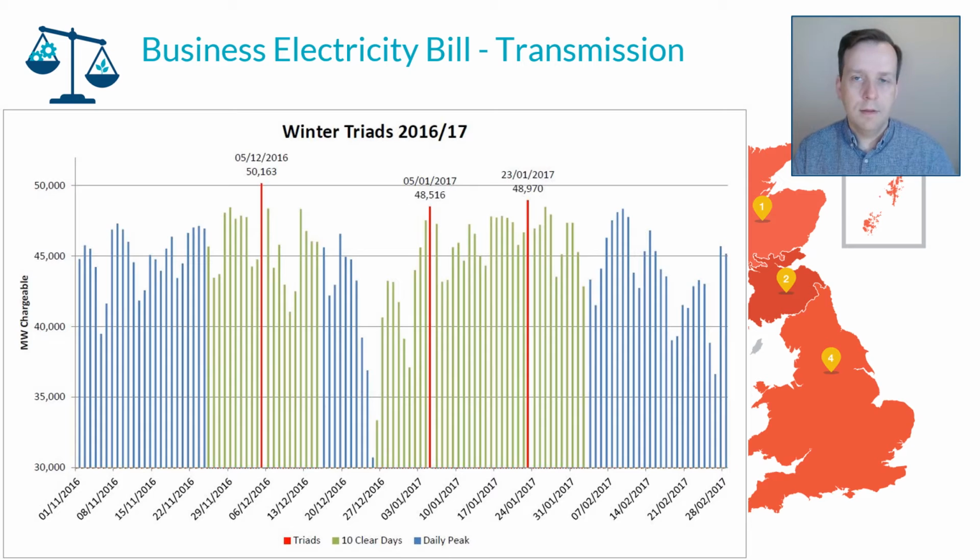The charging mechanism for triads, as they're known, or the TUoS system, is a bit more complicated. It looks at the peak demand of the UK grid between the 1st of November and the end of February, the 28th or 29th, each winter. It looks at the three discrete days of maximum demand and takes an average of them, applied to your electricity bill.